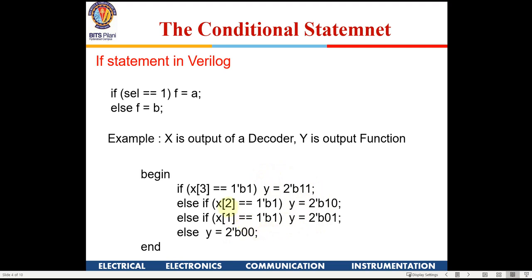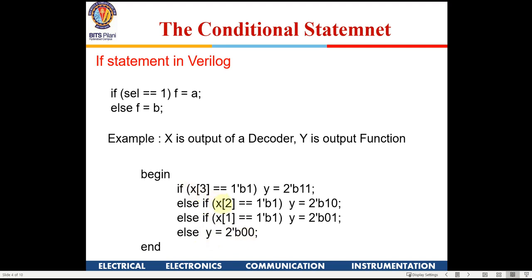If X2 is 1, the second most significant bit, then there is some other condition. If the second one from the LSB side is 1, then Y is some value. And if none of those apply, then obviously the LSB is 1, and the output function is defined for that.